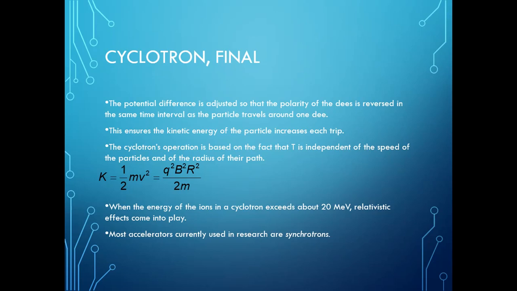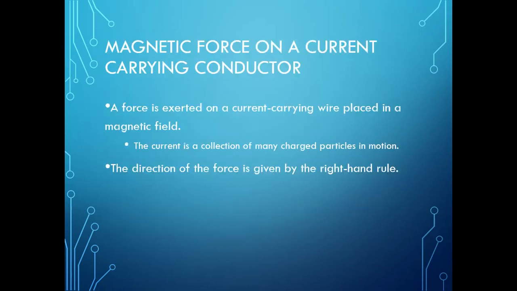The kinetic energy K equals 1/2 mv squared, which also equals q squared B squared R squared divided by 2m. When the energy of the ions in a cyclotron exceeds about 20 mega electron volts, relativistic effects come into play. So most accelerators currently used for research are synchrotrons. So this is our cyclotron.